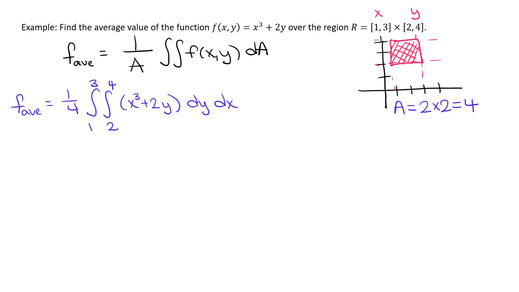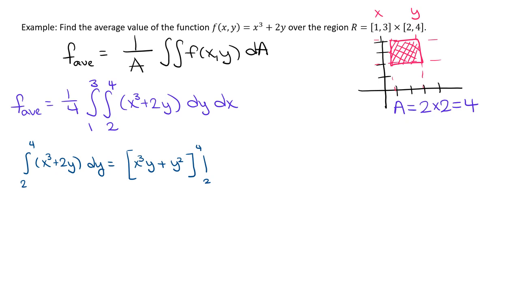Plugging that into my formula, my average value is going to be 1/4 times my integral. I'm going to integrate with respect to y first, and the y values go from 2 to 4, so I put 2 to 4 on my inside integral, and then the x's go from 1 to 3.